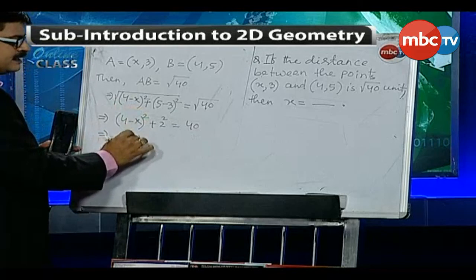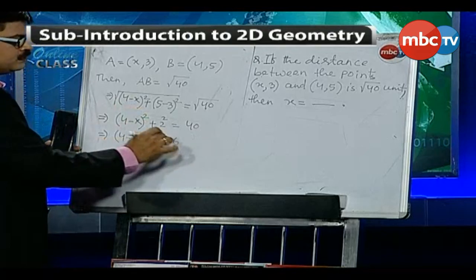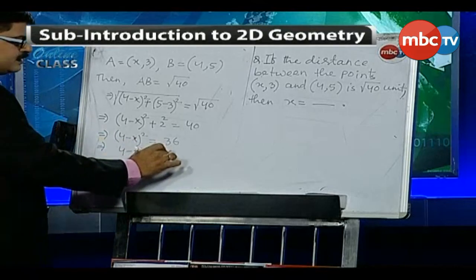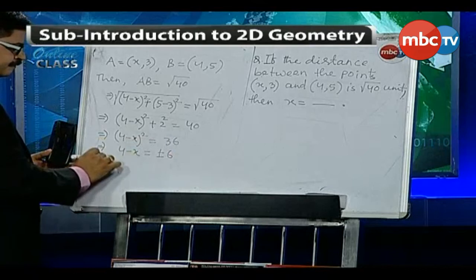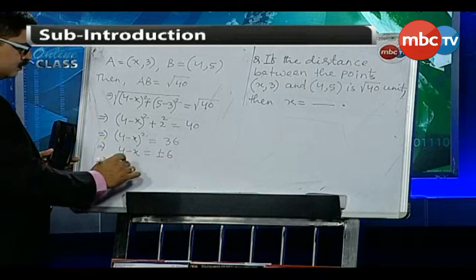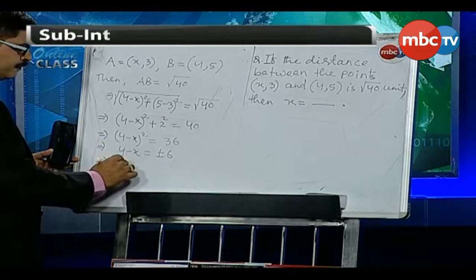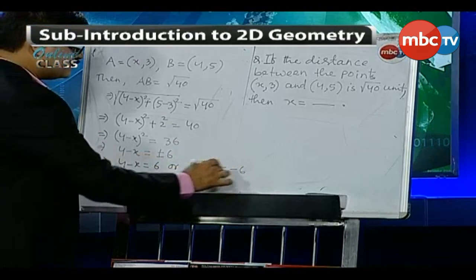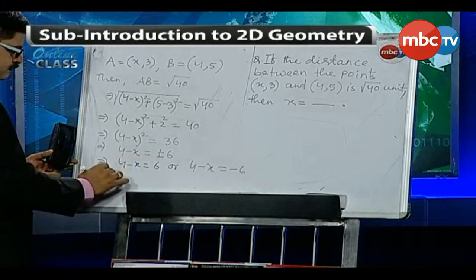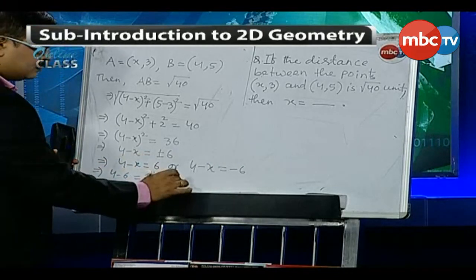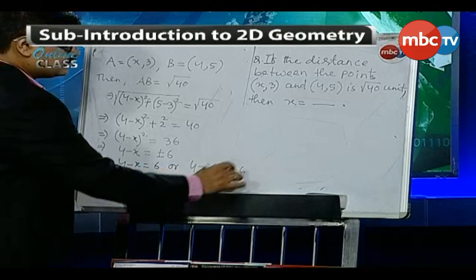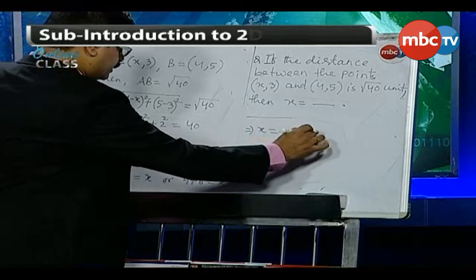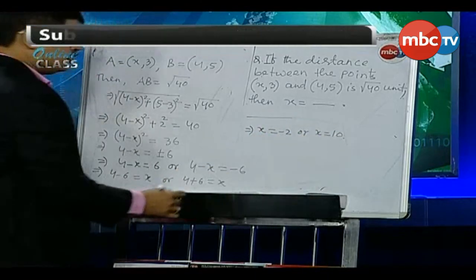So (4 minus x) whole square will be equal to 36, or 4 minus x will be equal to plus or minus 6. So what will be x? Either 4 minus x will be equal to 6, or 4 minus x is equal to minus 6. That means 4 minus 6 is x, or 4 plus 6 is x. So we are getting x is equal to either minus 2 or x is equal to 10.